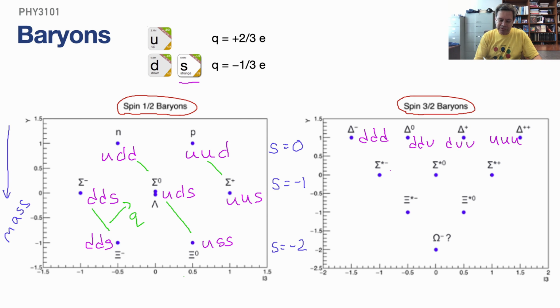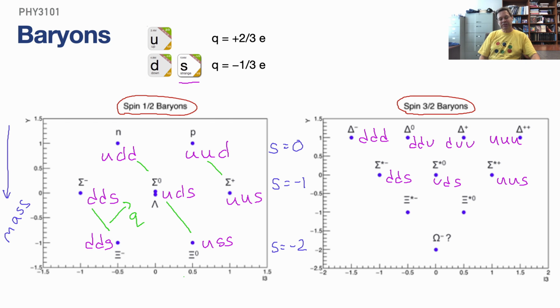So I could have down, down, strange for the sigma star minus, and the sigma star plus, well, let's just go ahead and replace these. I could have up, up, strange for the sigma star plus, 2/3, 2/3, minus a third is +1. And in between, I would just have u, d, s here.